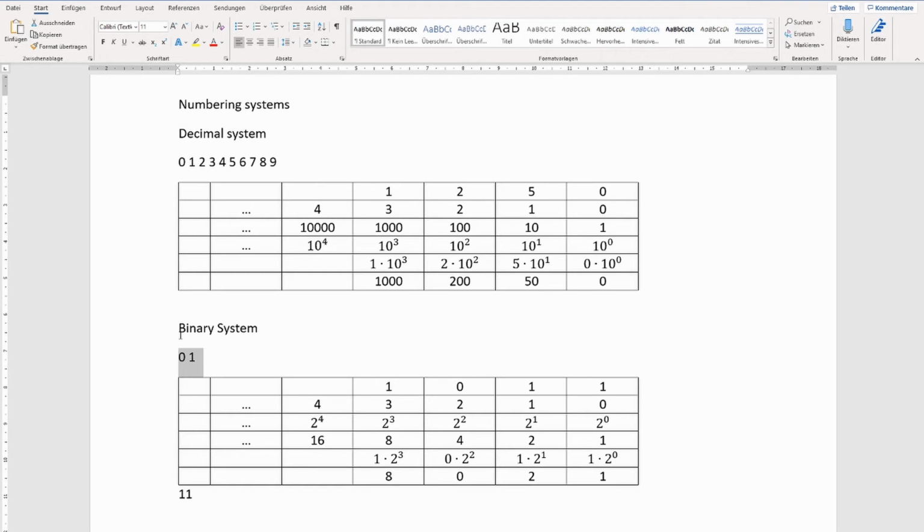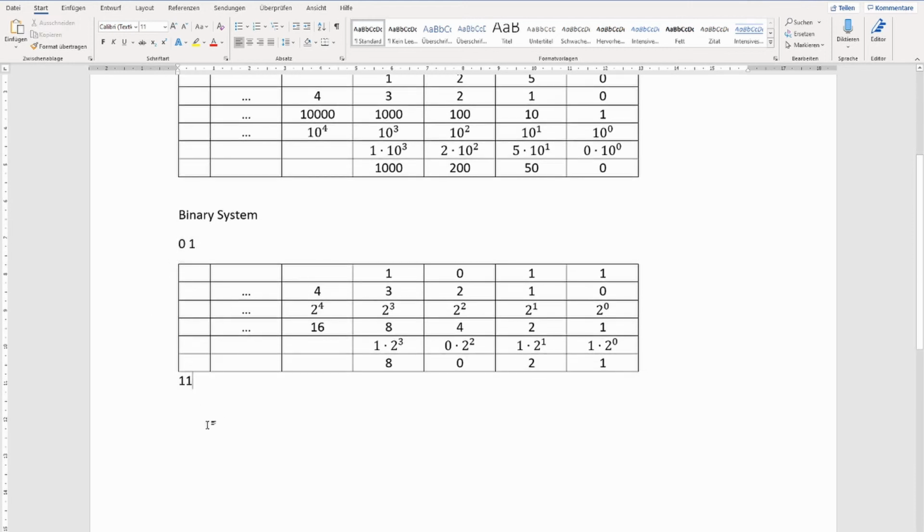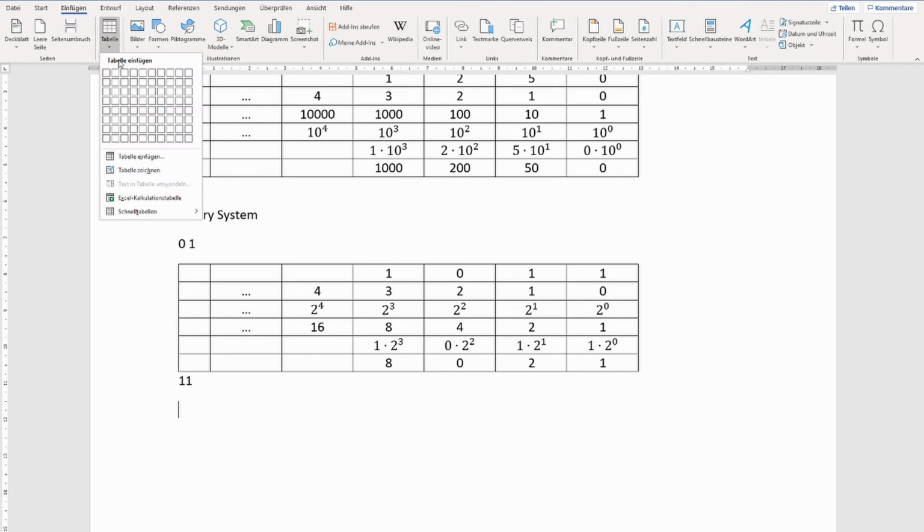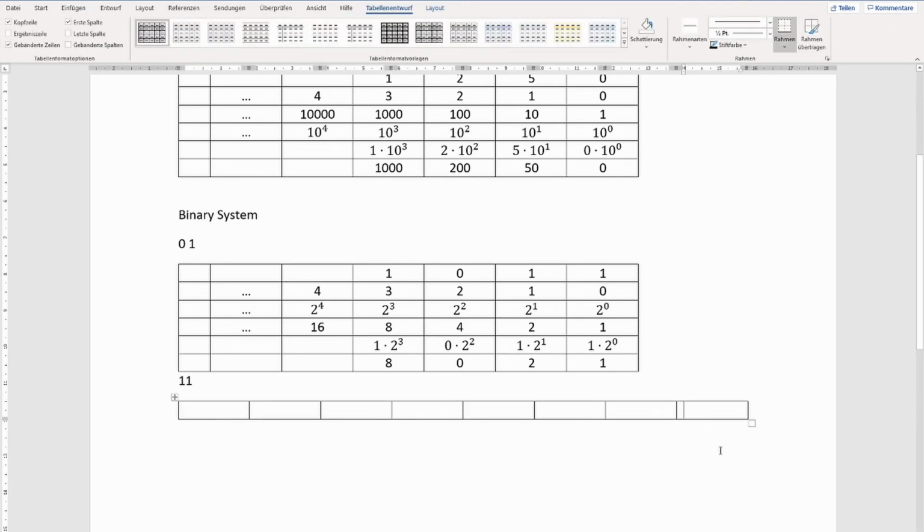Binary system. Usually you group such binary numbers. Yeah. A usual grouping is eight bits, 8 digits.